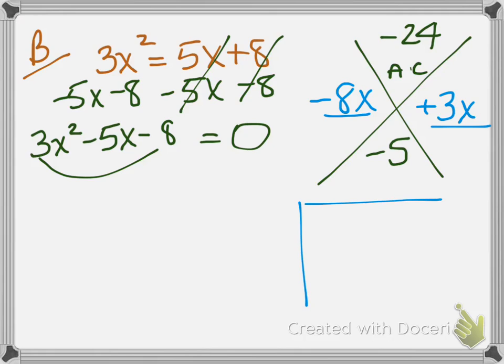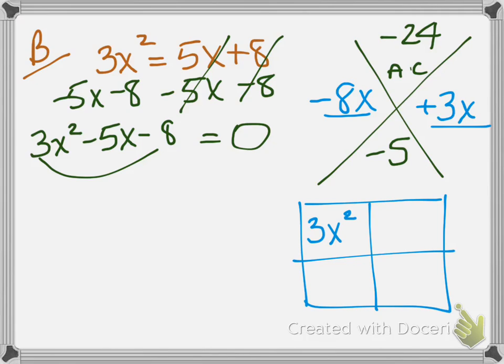So now I can draw my box here, and I would say 3x squared and minus 8 here. I get a negative 8x and a 3x, and then I can factor this. Factoring out of negative 8x and negative 8 is a negative 8.